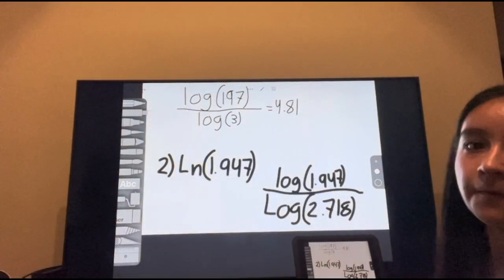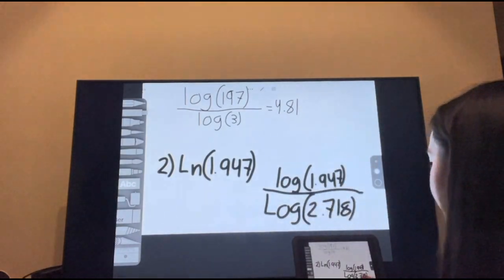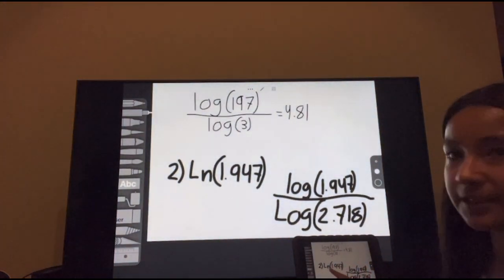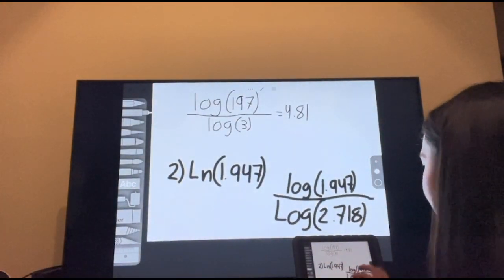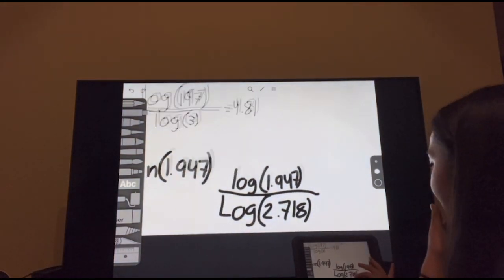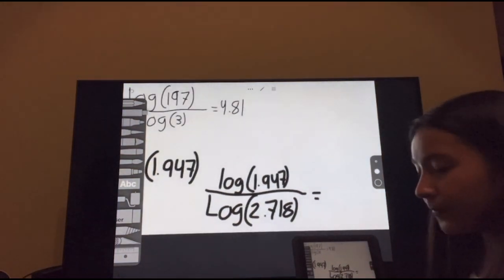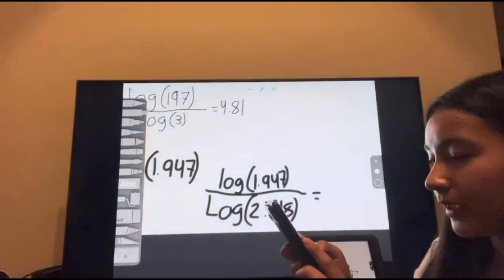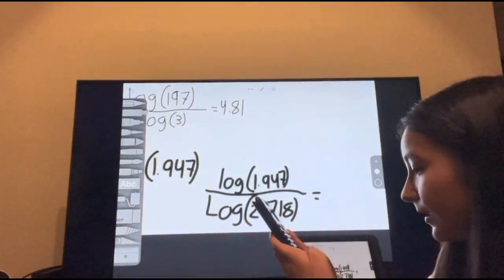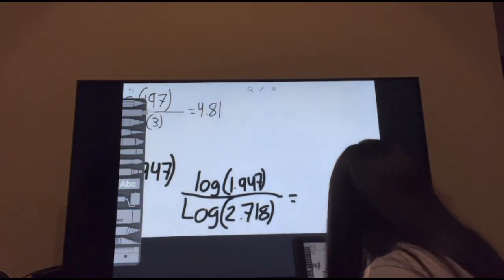Don't get confused at the moment of using this. It is the same, but we can put it like this. So now we put it on the calculator. We put it 0.9.